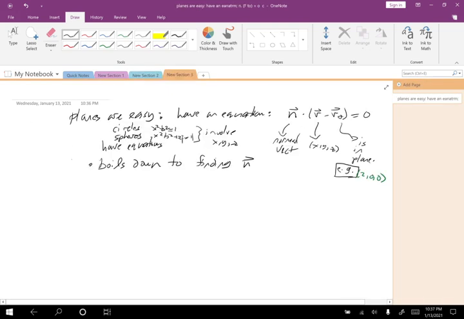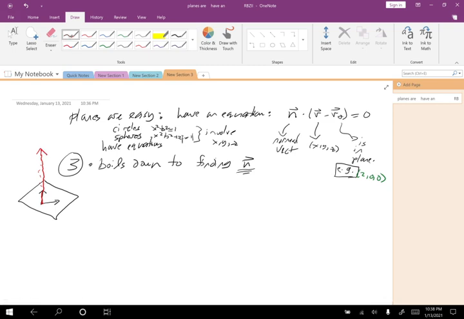So I think this is the third step. We need to find the normal vector. And so the normal vector, I'm just going to draw a general plane here. If we have any two vectors in the plane, tangent vectors, then you can get the normal vector to the plane by taking their cross product.